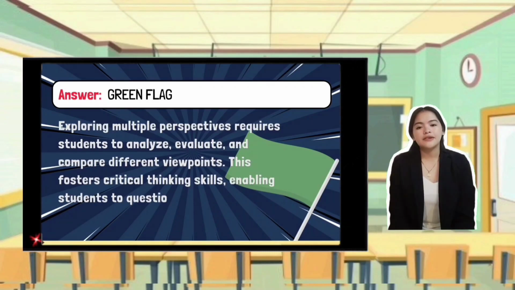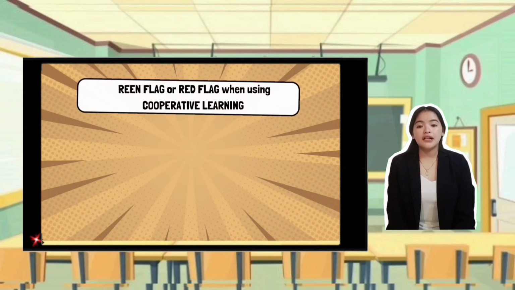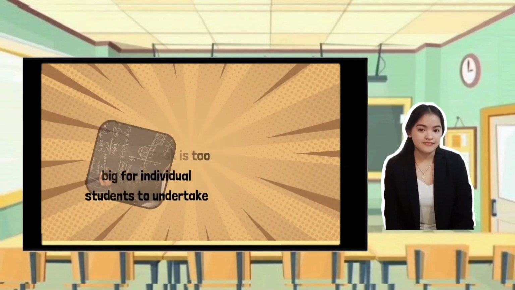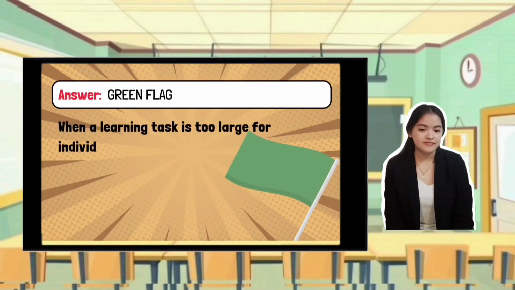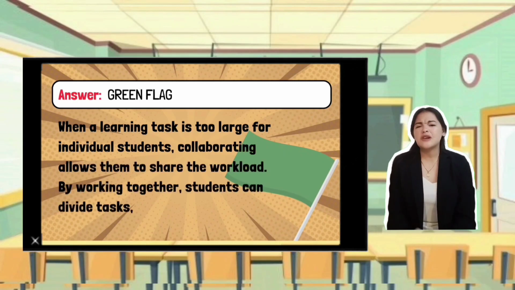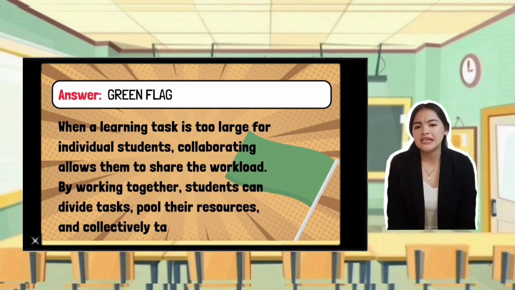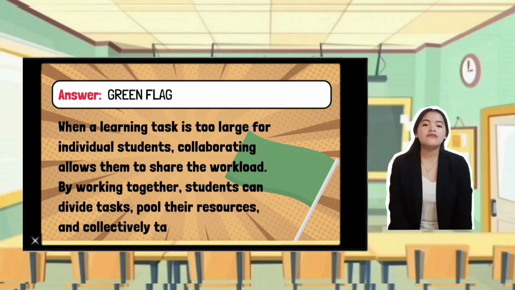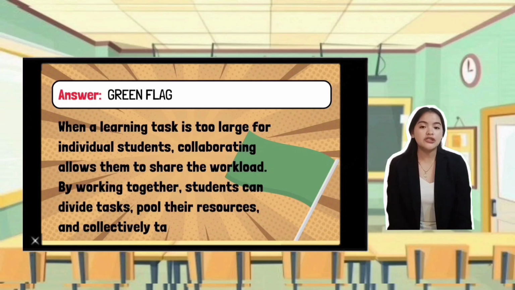Very good. Next, the learning task is too big for individual students to undertake. Interacting with classmates exposes students to diverse viewpoints and perspectives that would foster their collaboration and teamwork with each other. So it is a green flag.